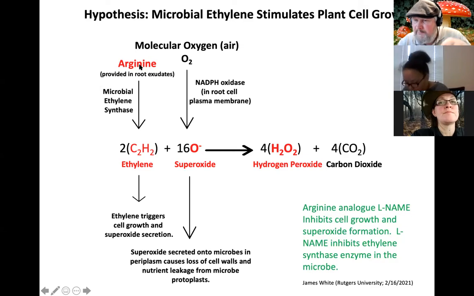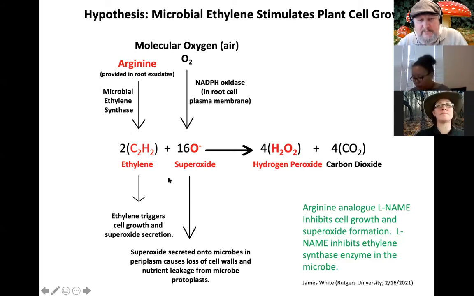It's coming from the root cells; they're secreting arginine. And so they can regulate this whole process. Plants are in control of this process. So the microbe takes this arginine provided by the plant, and then it produces ethylene. It shows here in this equation, produces ethylene.